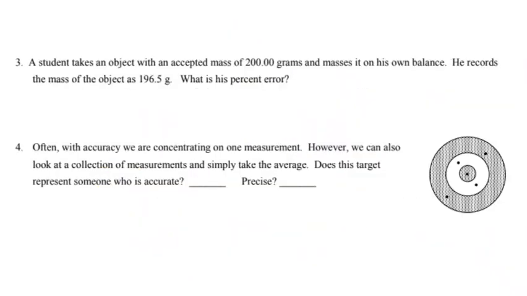Let's do one more. Again, a student takes an object with an accepted, okay, an accepted. We know that it goes actual minus measured or observed divided by actual. We know that from before. So this is the accepted mass.